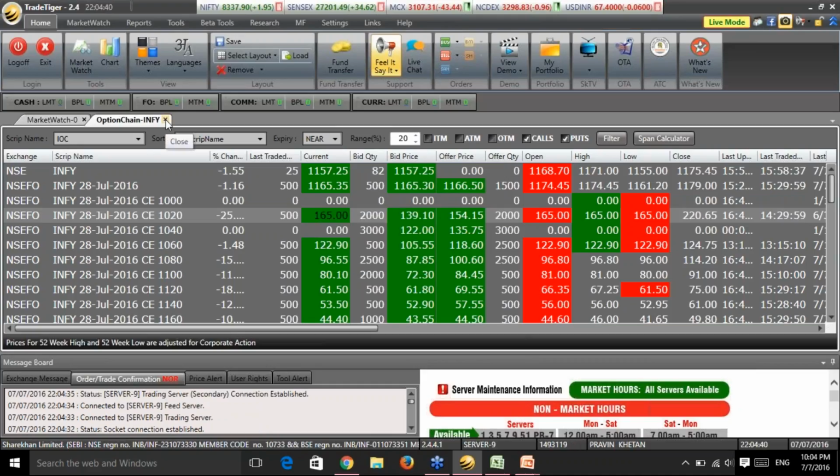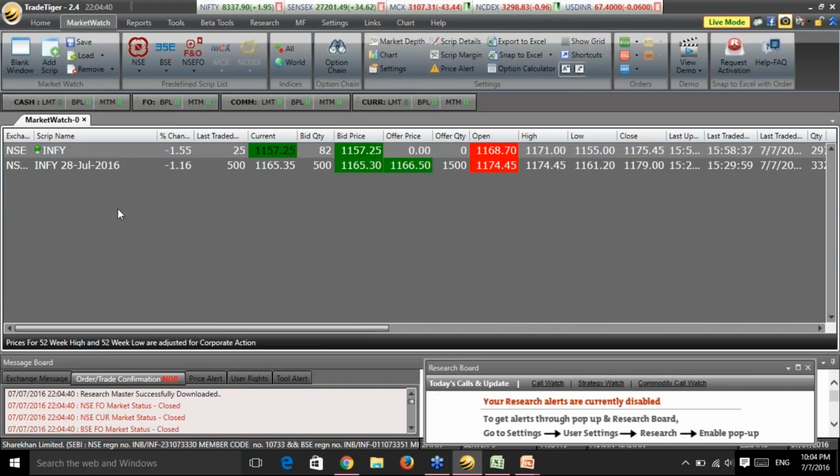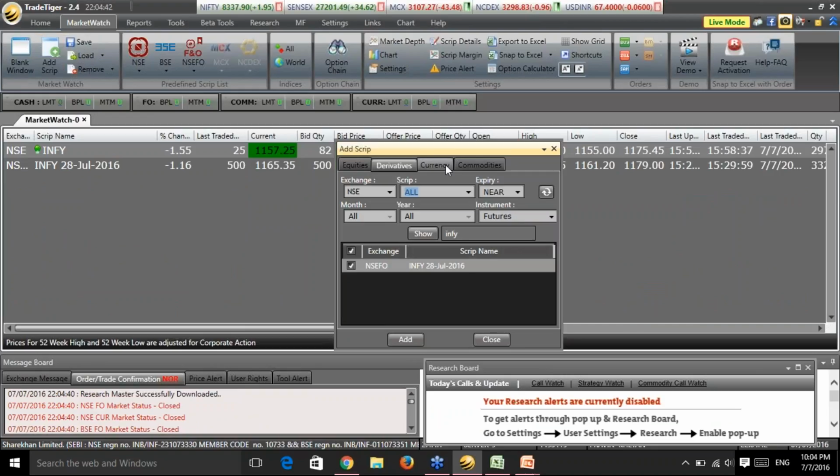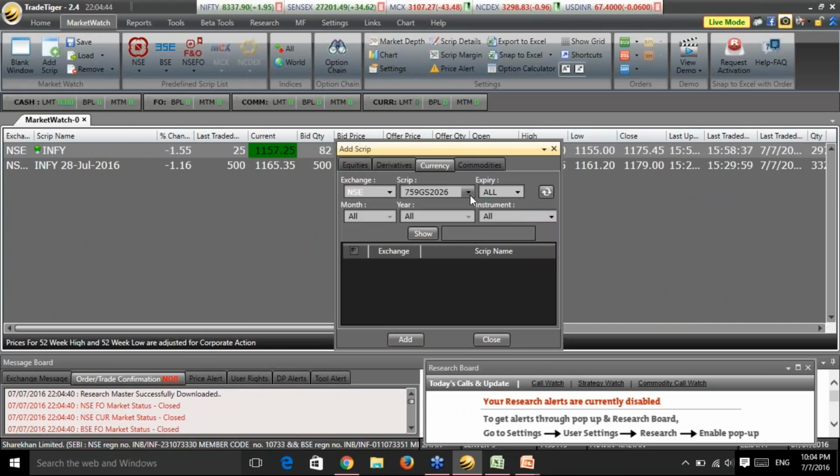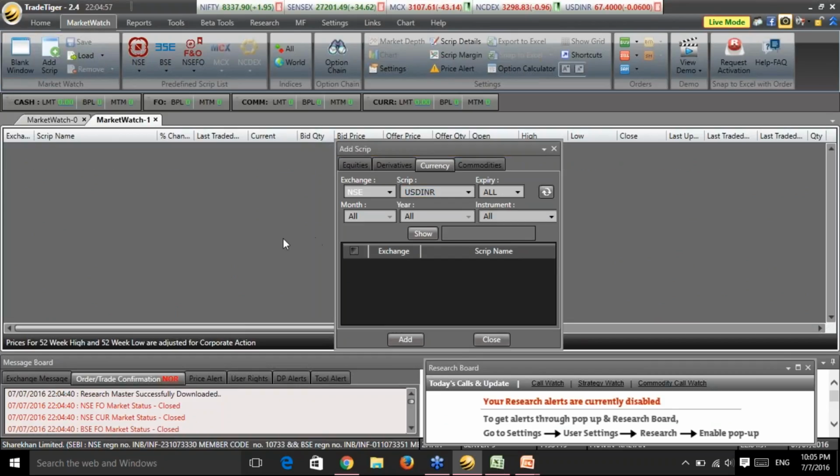And I want to go for a currency derivative. So I add a script, go to currency, which one? Let's say USD INR. And add a blank window here. And for expiry, I want to check the near one.